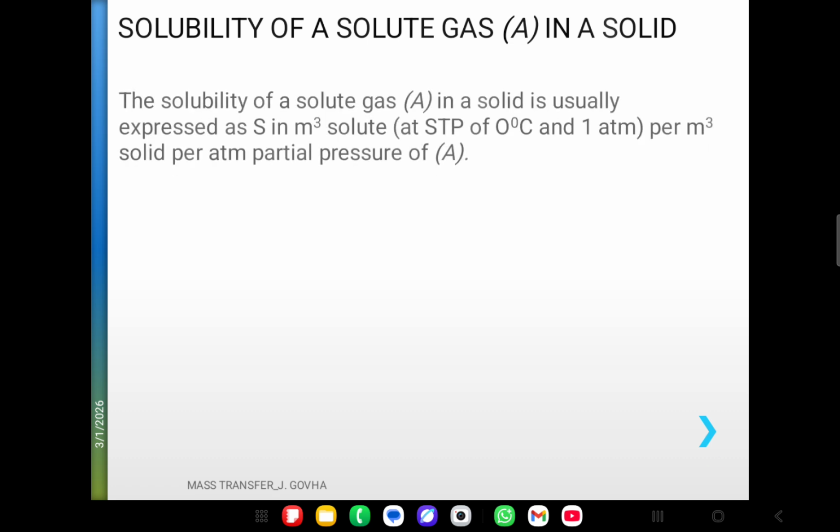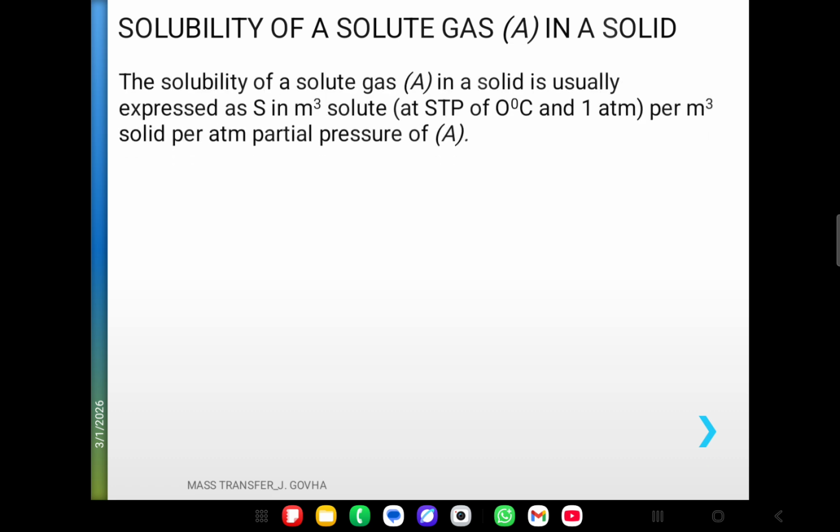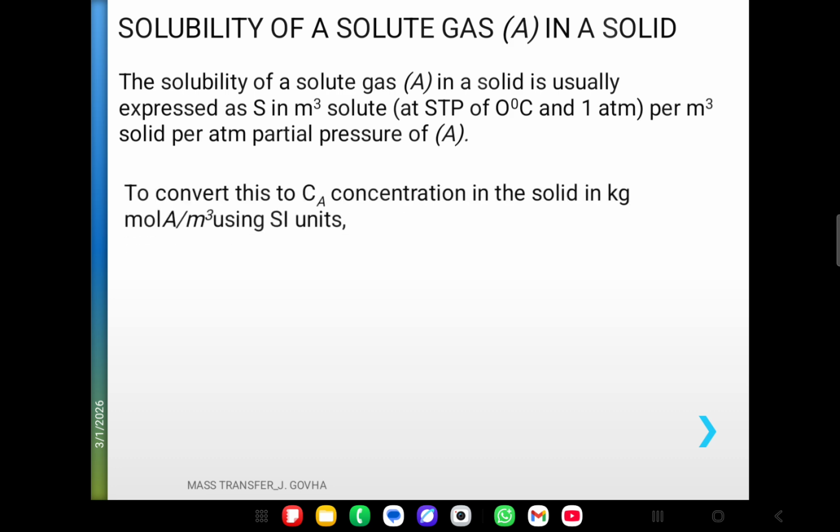So looking at the solubility of gases in a solid, let's define something. Our solubility is indicated by S in meter cubed of solute per meter cubed of solid, per atm pressure.